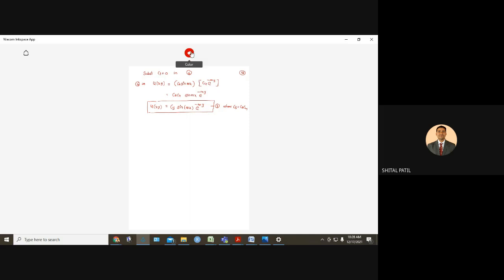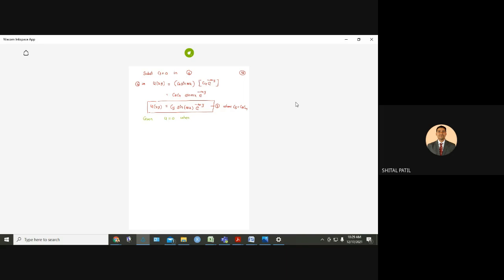Understood up to this step? Clear up to this step? Any doubt? How did we take c5?